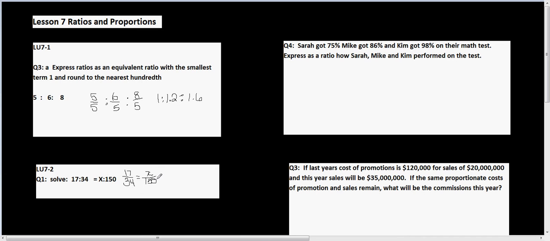Okay, the relationship between the right and the left side are the same. So how do we solve for x? Well, we cross multiply these numbers and then divide by 34. So we end up with 34 dividing into 17 times 150, which is 2,550.